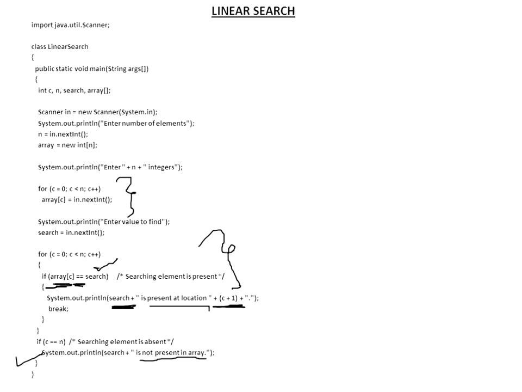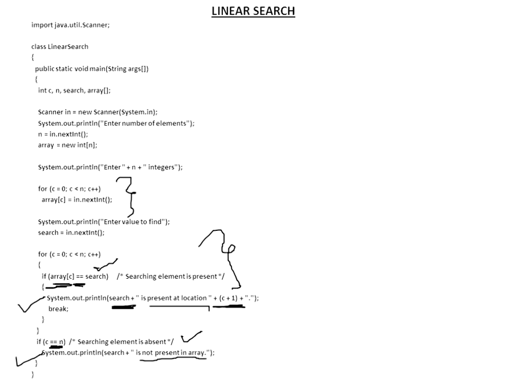So this relational operator will check whether the searched item is in the array or not by comparing it with the first, second, third, and so on, with each and every data item. And accordingly, it will display the message.